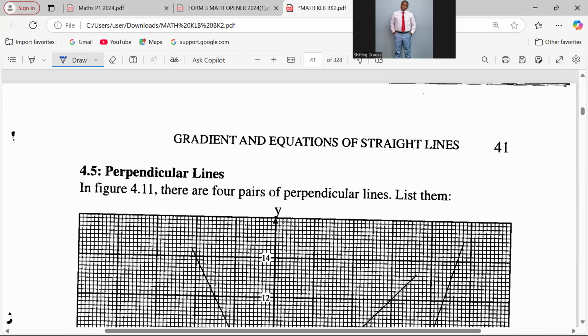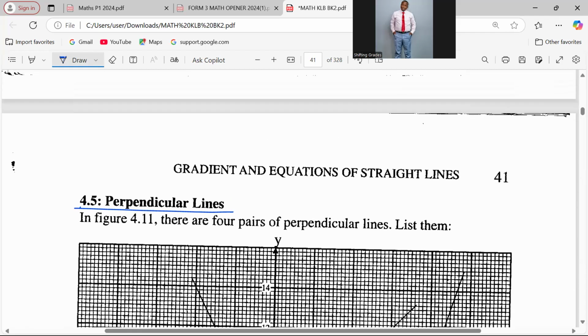Let's talk about perpendicular lines, and later we'll be concluding with parallel lines. For perpendicular lines, if 2 lines are perpendicular, this one you should even write somewhere.